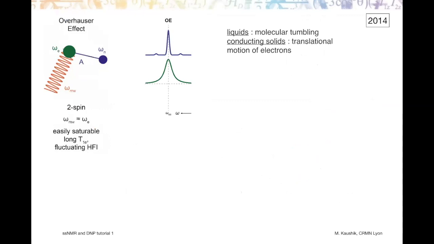Another recent discovery was the Overhauser effect in insulating solids. Earlier, the Overhauser effect was thought to be present in liquids and conducting solids because they satisfy the condition of fluctuating hyperfine interaction, which is satisfied in liquids due to molecular tumbling and in conducting solids by translational motion of electrons.